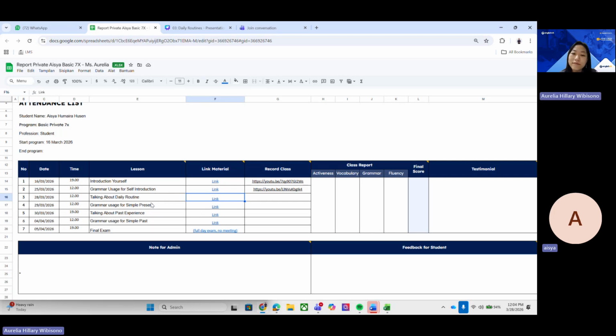Simple present tense is more about habits. Okay, that's great. So, do you still remember how to use simple present tense? For example, I go to office every day. Okay, that's great. That's an example of simple present tense.